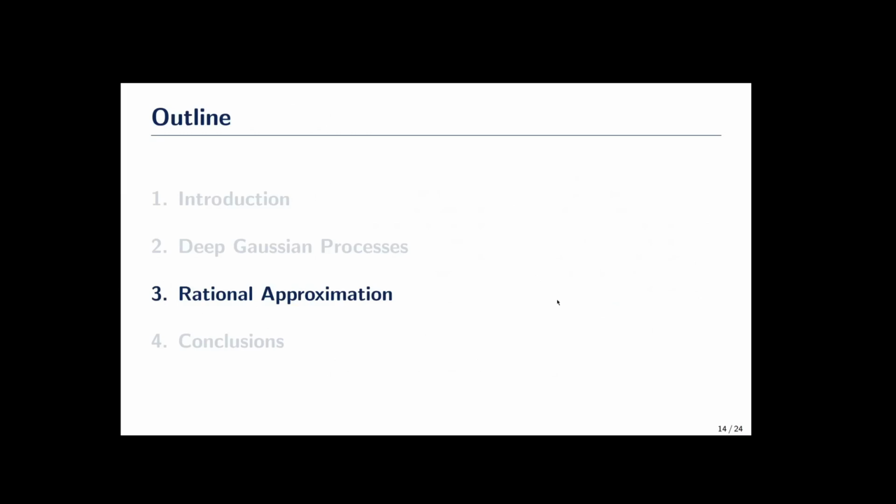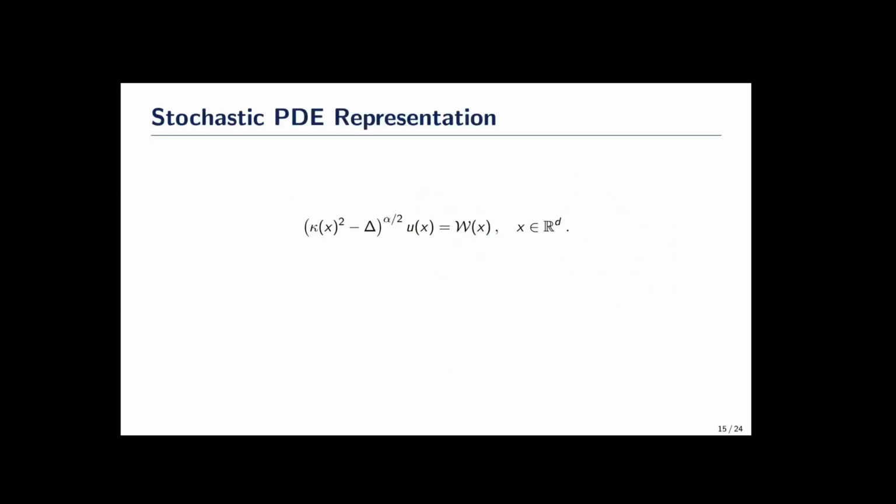Okay, great. Thank you. So as a technicality, as I was mentioning, in the end, the way that we represent our Gaussian processes is via this stochastic PDE. And there are a few reasons why this is not as straightforward as it may seem.